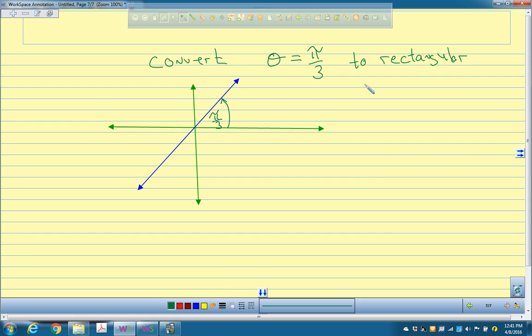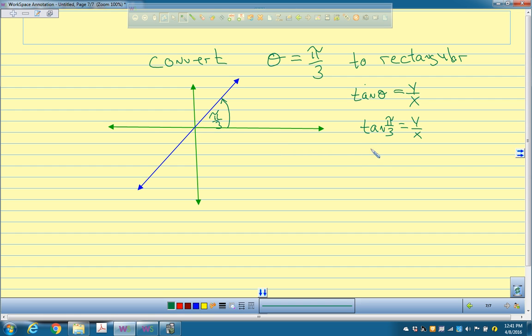So then what I have to think of is, the tangent of theta is equal to y over x, right? So then tangent of pi over 3 is equal to y over x. What is the tangent of pi over 3 exactly? Does anyone remember tangent of pi over 3? Square root of 3.